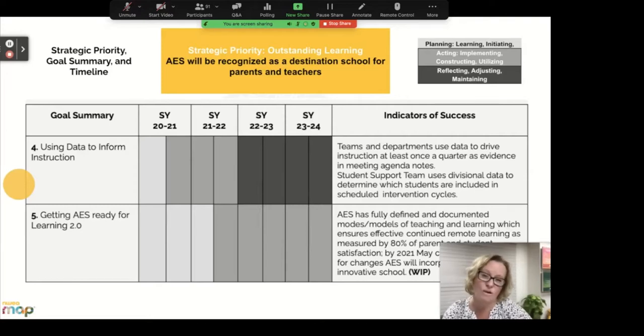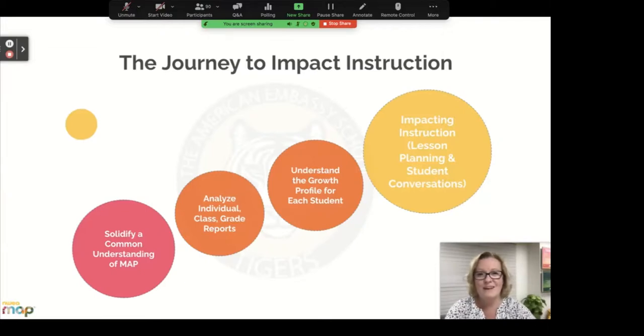And that's the goal of MAP, is we are informing instruction. So our journey into informing instruction begins today with you being a part of the conversations that we've had to date. We're developing this common understanding and solidifying that common understanding of what MAP is. Those are the conversations that have happened at school, and we're thrilled to be here today talking to you about that as well.